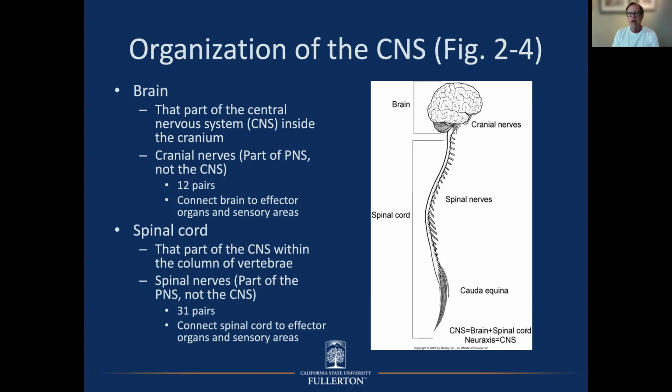And this figure shows, as part of the brain, the cranial nerves. There are 12 pairs of cranial nerves, and they connect the brain with what they're referring here to as effector organs. Now, those would be either glands or muscles. They're structures or organs that do something, that have an action.